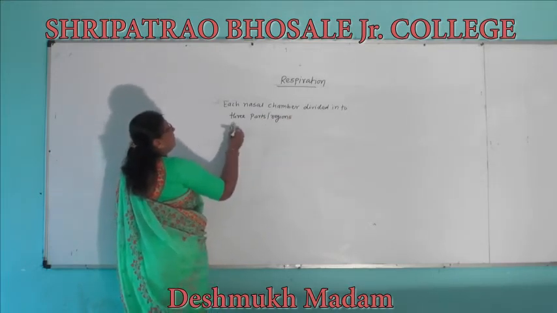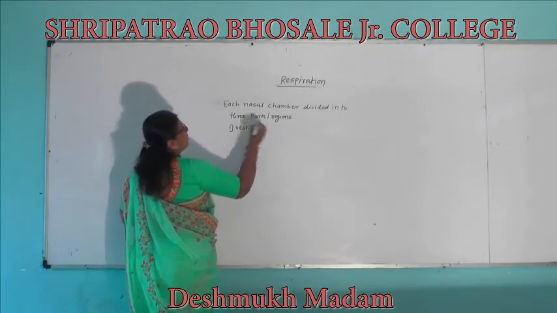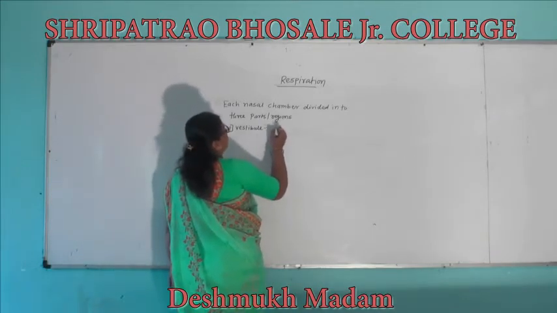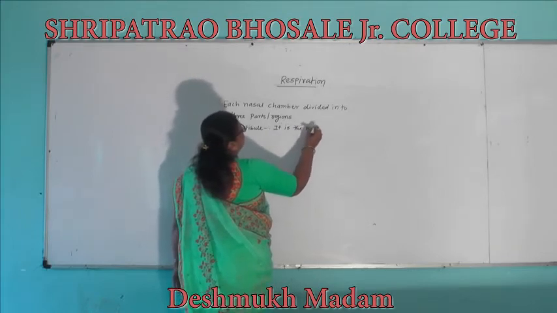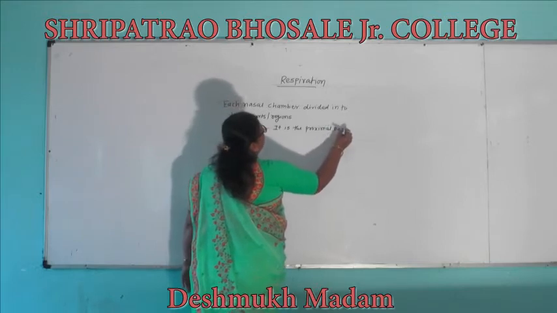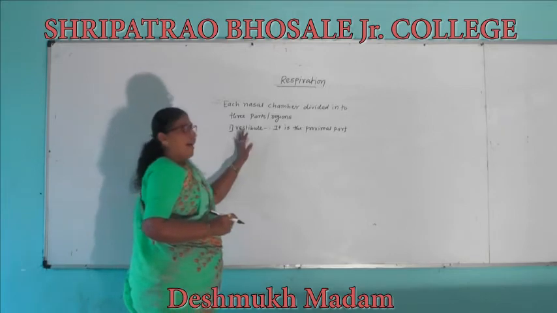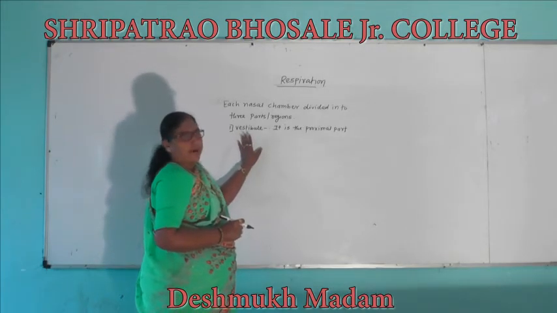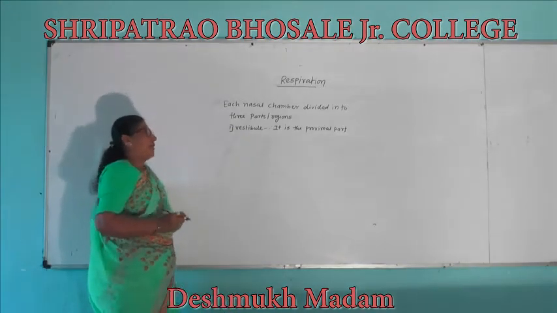First is the vestibule. The first part is the vestibule. It is the proximal part. It has hairs which trap the dust particles and suspended particles.